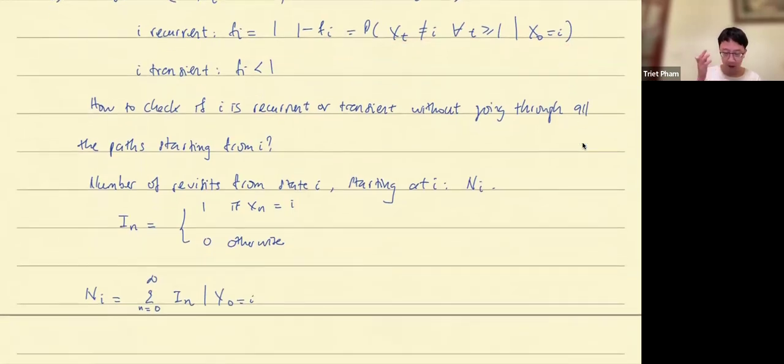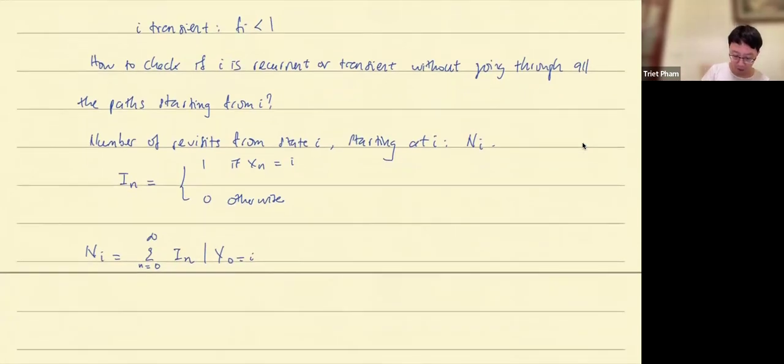And also there's something called the strong Markov property, which is like the Markov property, but applicable to random times. Let me just state it.